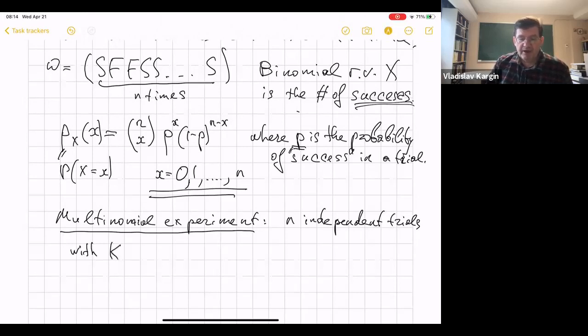In the previous case, it was two possible outcomes, failure and success. Here it will be k possible outcomes, where k is some number.